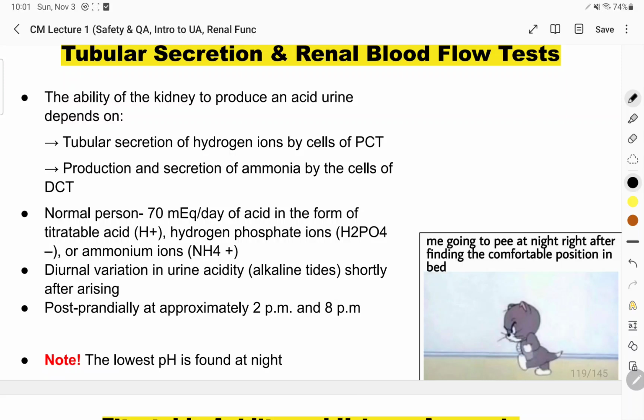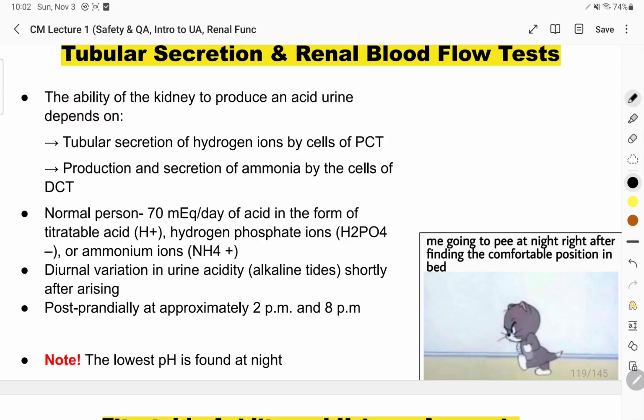Okay, so for example, a normal person excretes each day about 70 milliequivalents per day of acid in the form of titratable acid or titratable hydrogen, hydrogen phosphate ions, or ammonium ions. So kung normal na siya, wala siya problema.